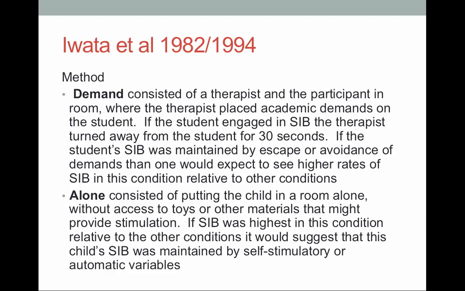When their schizophrenia is not kicked in, they do fine, and they don't engage in self-injurious behavior. However, when they start hearing voices or seeing things and are no longer in touch with reality, that's when the SIB starts kicking in. Well, that's not a social variable. It really would be called an automatic one.